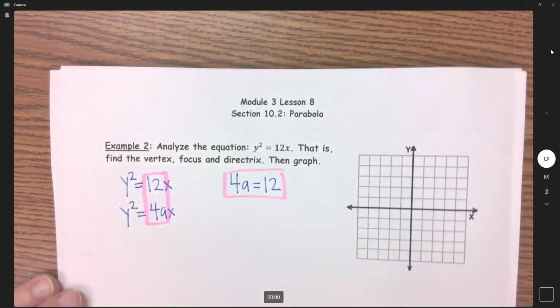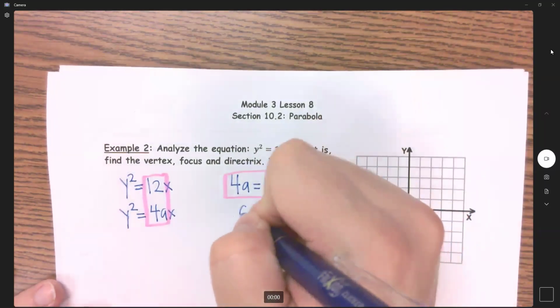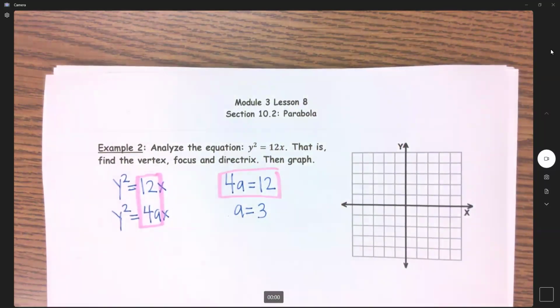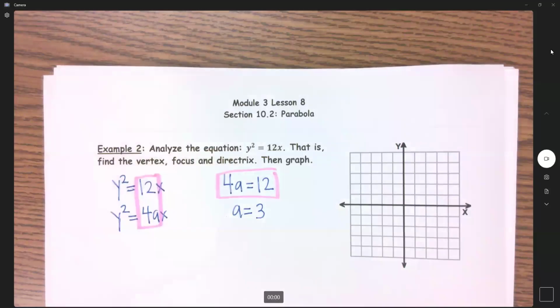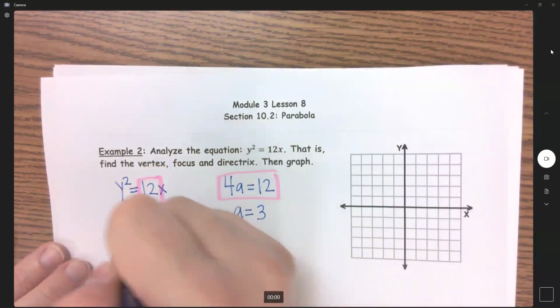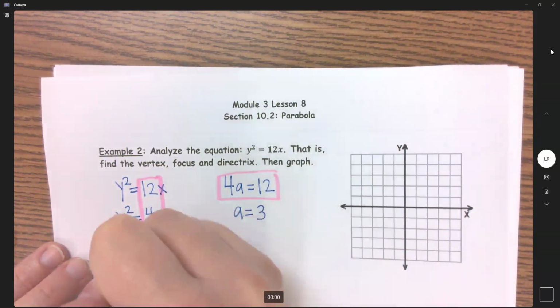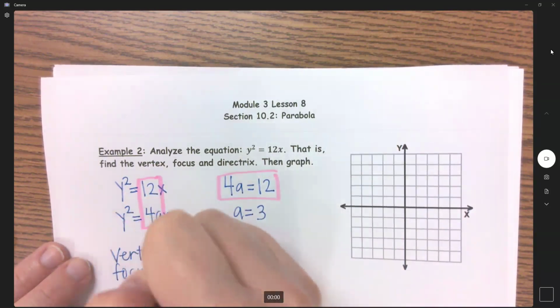So therefore, A equals 3. We are ready to graph and find the vertex, focus, and directrix. So I'm going to do this all at once because I like to graph to find this.